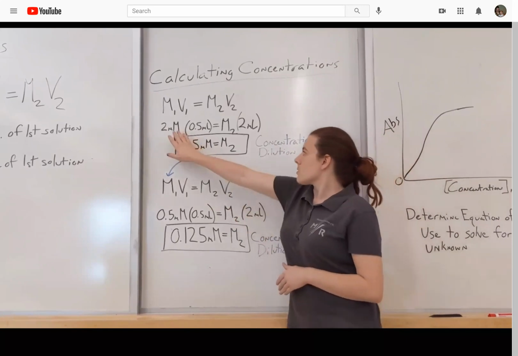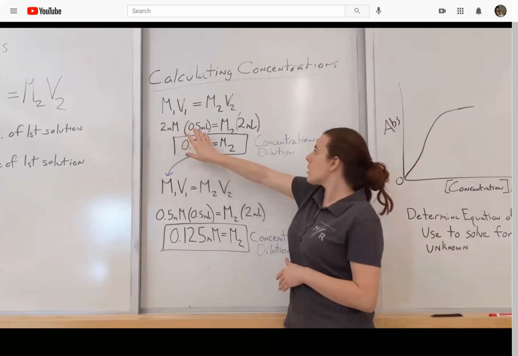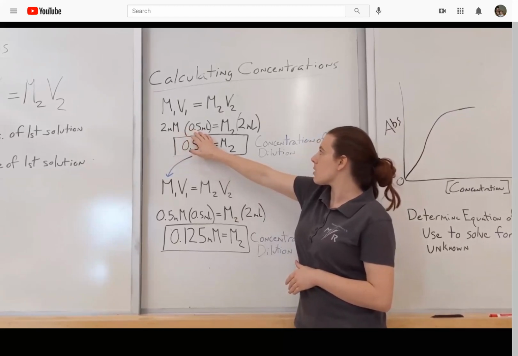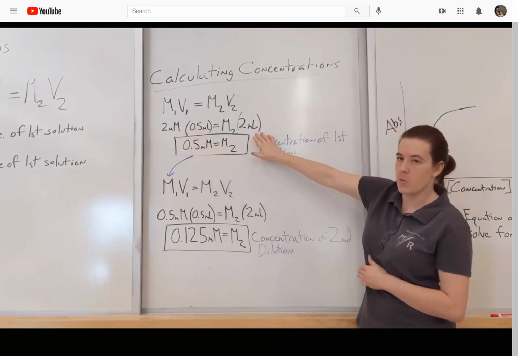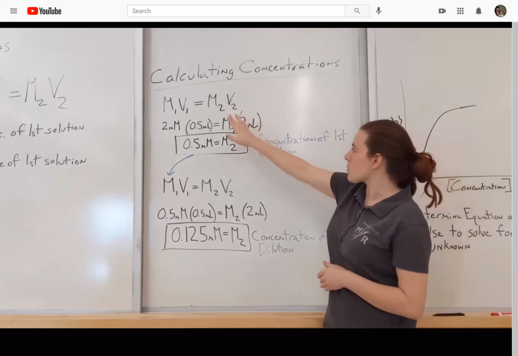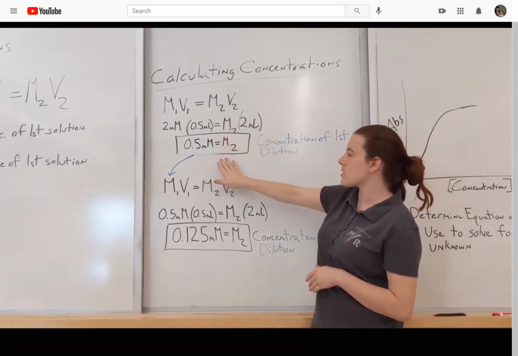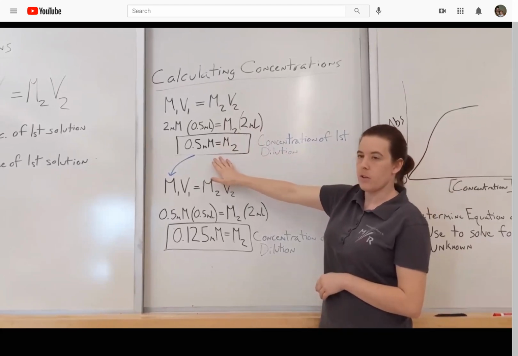So we started with a concentration of 2 millimolar of the dye. We added 0.5 milliliters to form a total solution of 2 milliliters of dye and water. And after we perform the math of this calculation, we find out that our concentration of our first dilution is 0.5 millimolar.